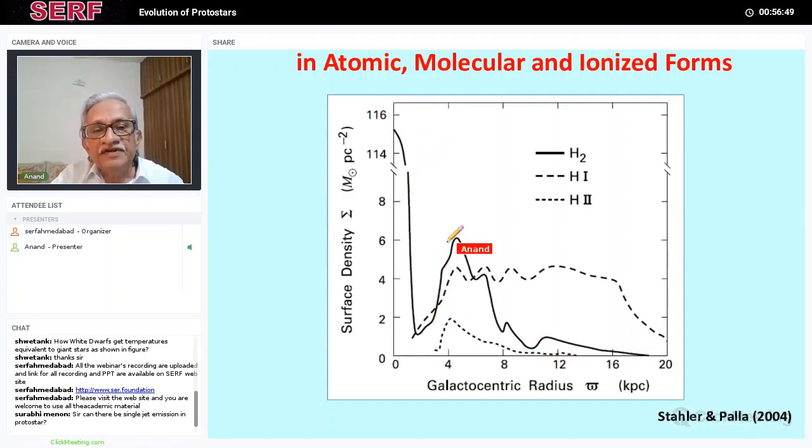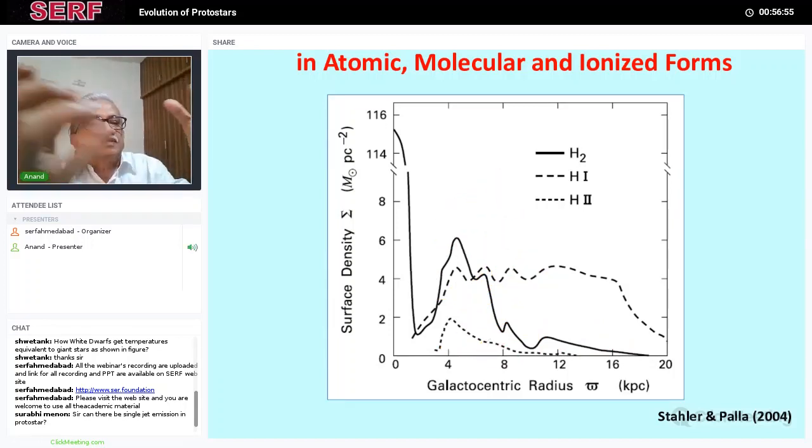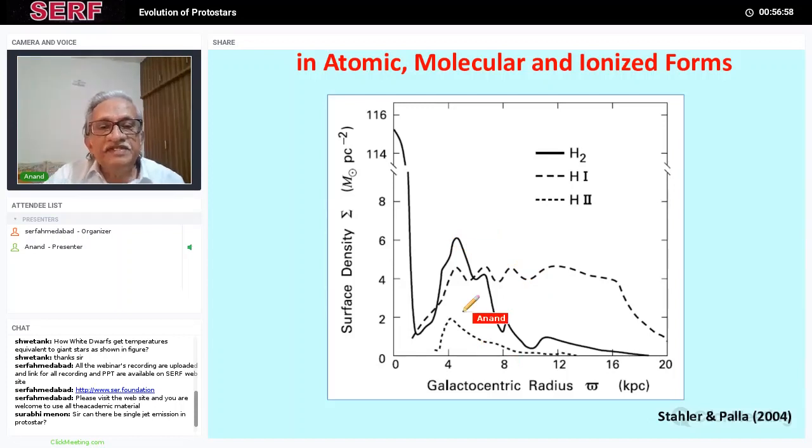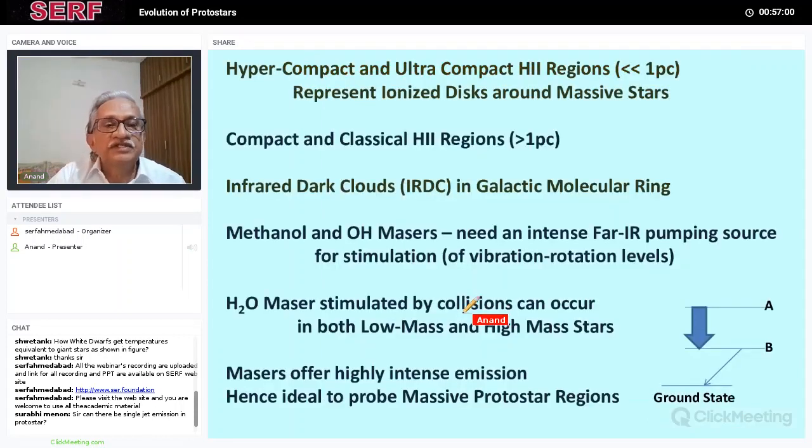And if you see the molecular hydrogen profile here, this is the molecular ring around the galaxy. So this is the region where they have found such infrared dark clouds, quite massive infrared dark clouds. This could be the progenitors of massive star formation. Okay.